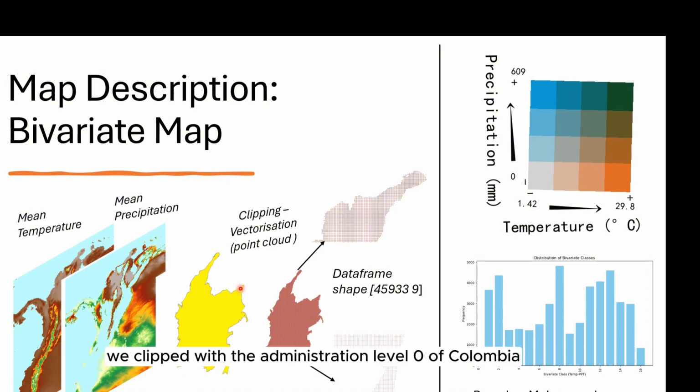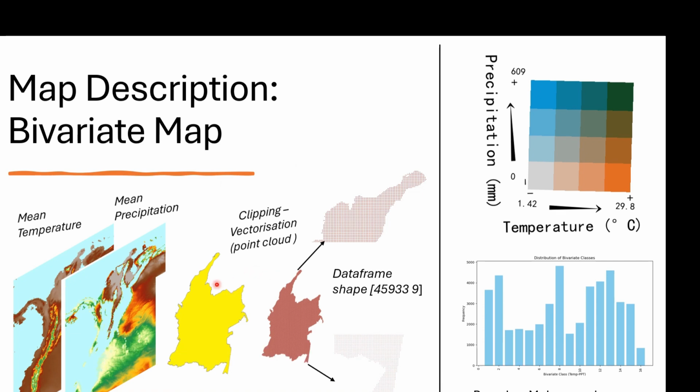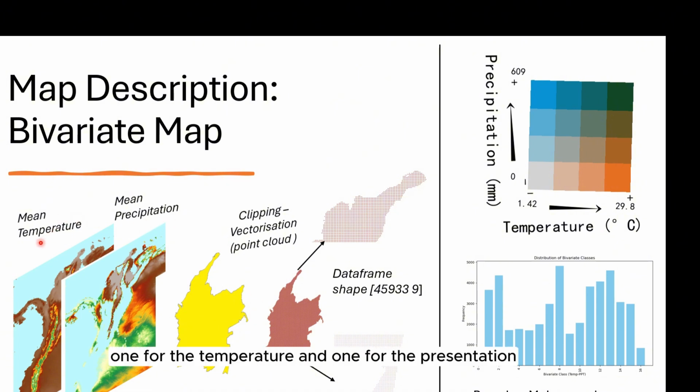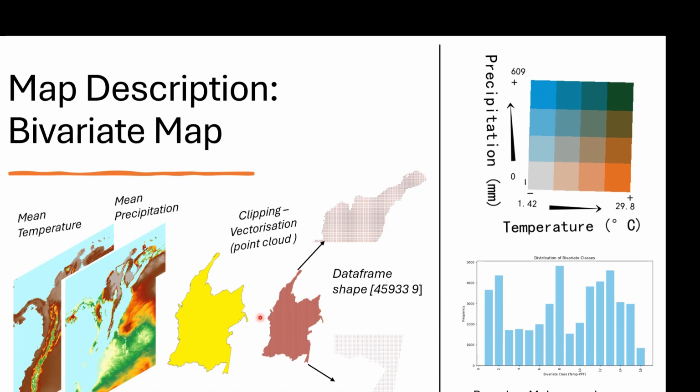We clip with the administrative level 0 of Colombia, and then in Python we basically made a point cloud classification of the different types of distribution that we had for each one of these variables, one for the temperature and one for the precipitation. That histogram is the one that you can see here, where we took 16 classes of the histogram that are the 16 boxes that you can reference in this legend.